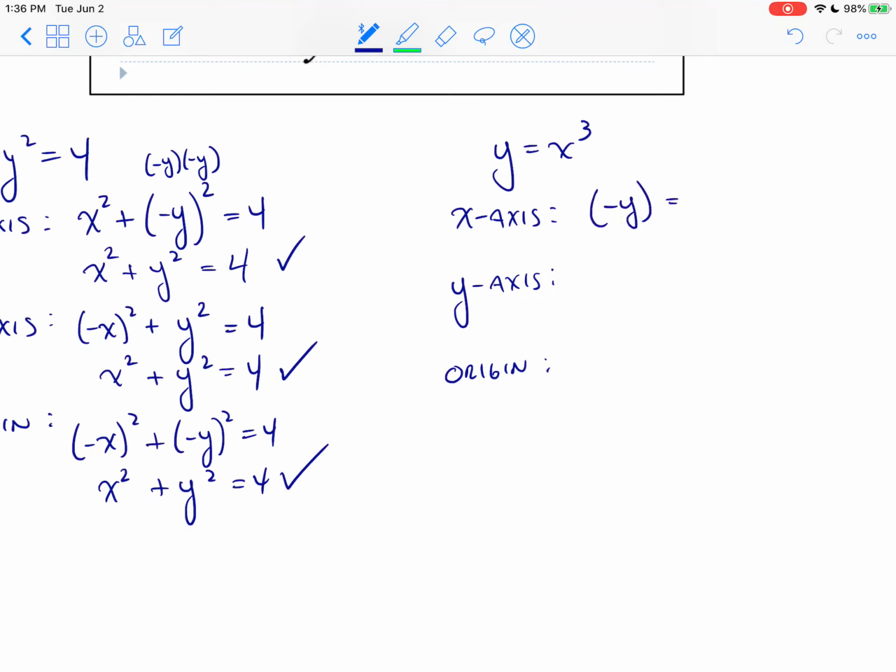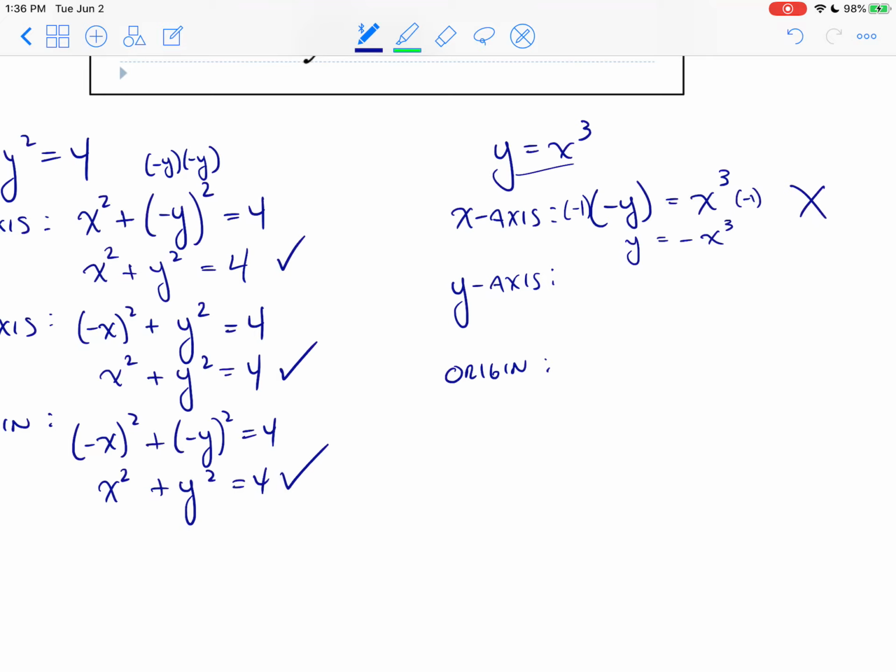So in this case, we'll get negative y equals x cubed. Now, I'm not squaring this negative y, and so there's no way to get this negative y to be positive again. If I try to make it positive again, I'd have to multiply both sides of this equation by negative 1. And if I multiply both sides by negative 1, I get my y back, but now I have negative x cubed, which is not the original equation. So there's no x-axis symmetry here.